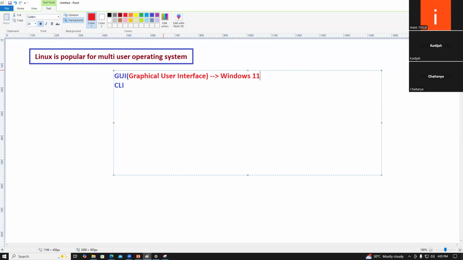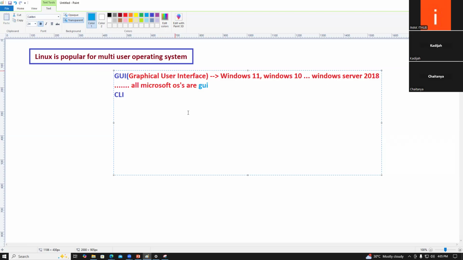Windows 11, Windows 10, Windows Server 2018 and so on. All Microsoft family OSs are GUI, graphical user interface.